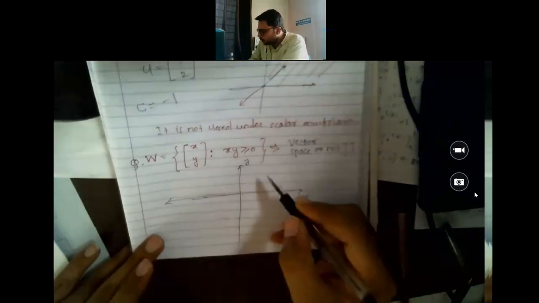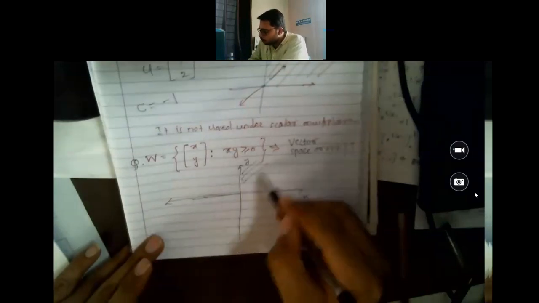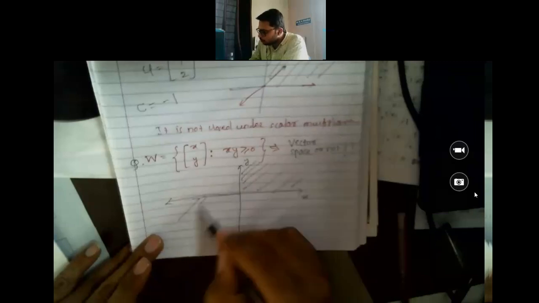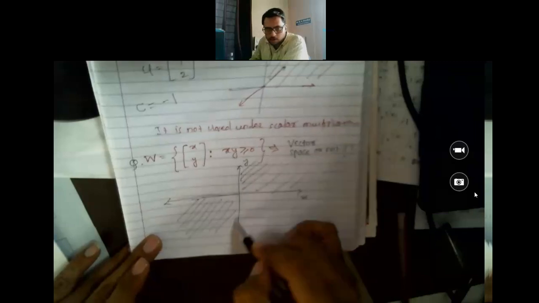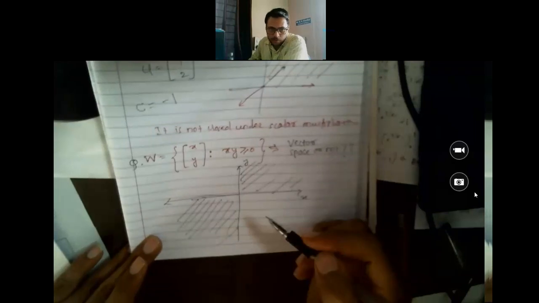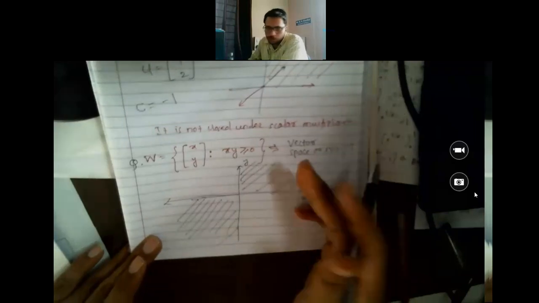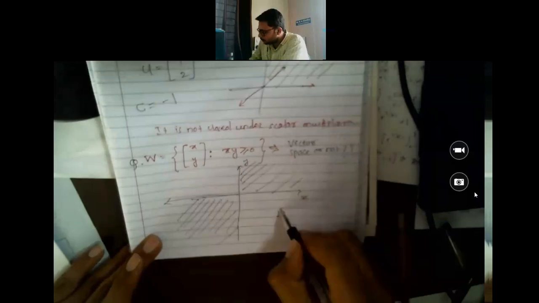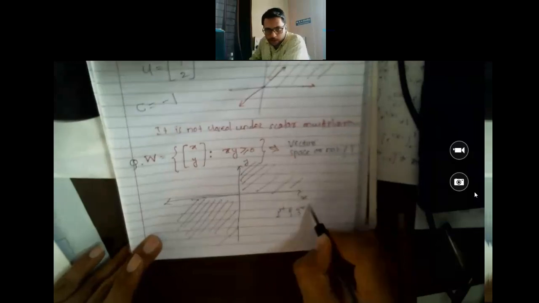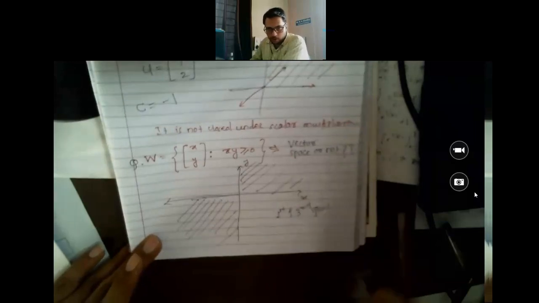So that's why along with the first quadrant, third quadrant will also be there in such a case. In this example, third quadrant will also be a space. So the vector space will be comprising of, I can say, first and third quadrant.